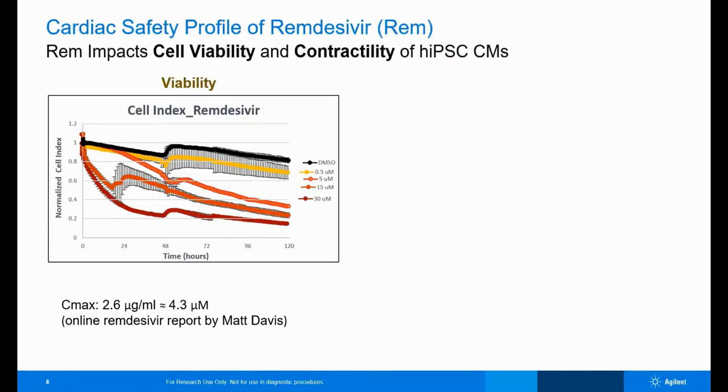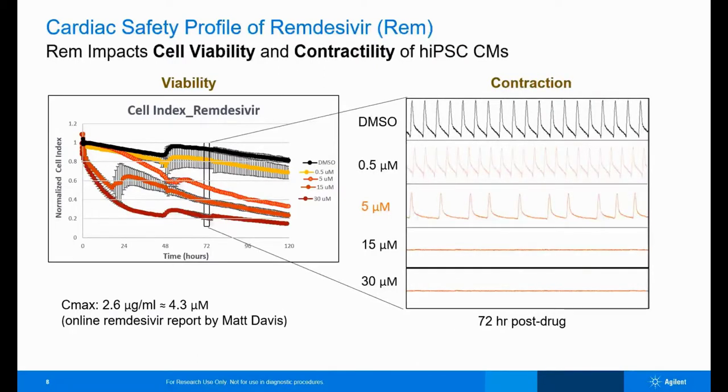And next, I would like to check contractile activity after compound addition. In order to do that, I will zoom in on a data point on this curve. The traces here show 30 seconds of contraction at 72 hours after compound addition.